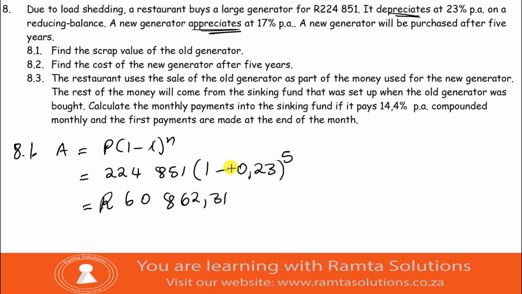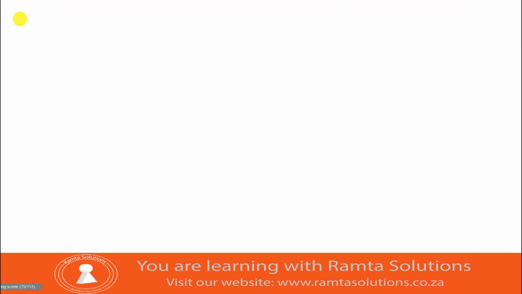Now they say find the cost of the new generator after 5 years. Remember, it appreciates at 17% per annum. So it'll be 8.2. It will be A equals P into 1 plus i to the power n.